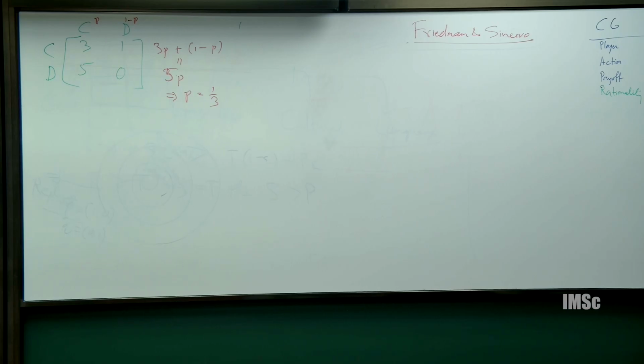That's the mixed Nash. Now I want to know whether this is ESS or not ESS. What would that mean? That I have a certain behavior where I pick C strategy with probability 1/3 and D strategy with probability 2/3.